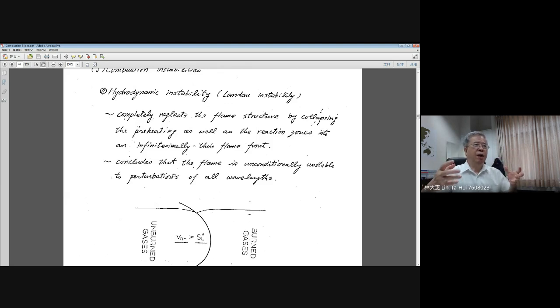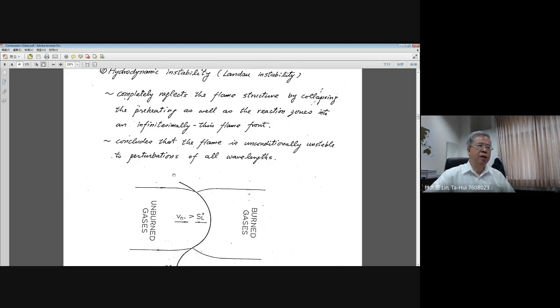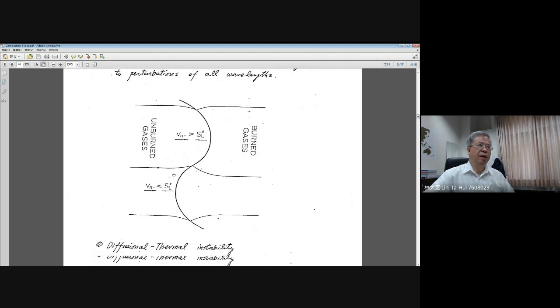Now, why is there a misunderstanding in these kinds of descriptions? Now we need to think about when Landau described those unstable mechanisms. Actually, they made a very big, very important assumption.